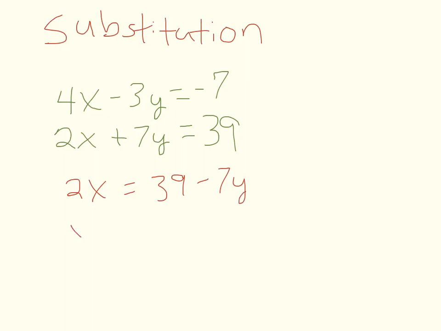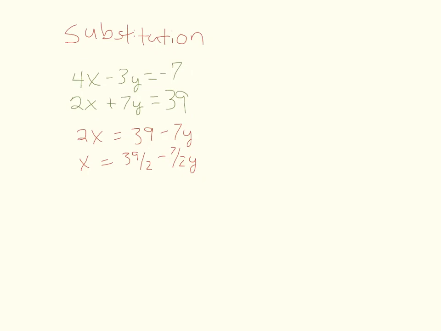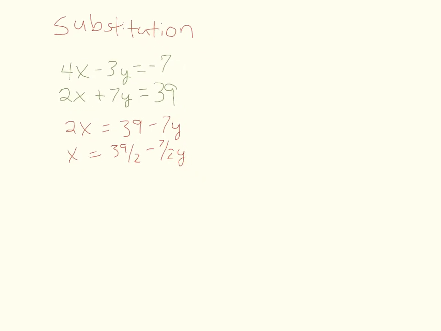And divided by 2, you have x is equal to 39 over 2 minus 7 halves y. Okay? So this is the value of x. So we take that value of x and we plug it into the first equation and try to solve for y. Okay? So let's do that.